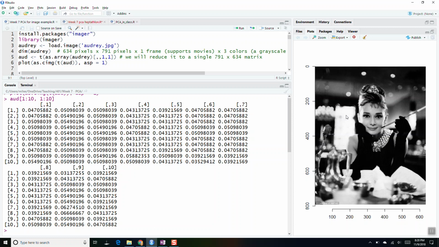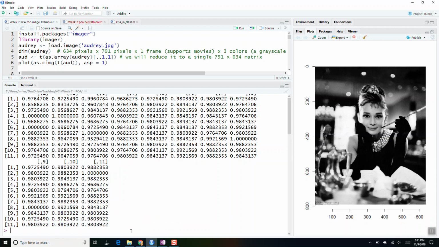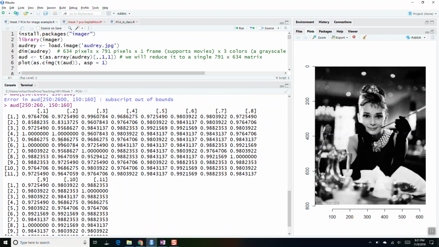And then if I go to, I guess, right around here, which would be maybe the 250th row and the 150th column, let's see if I go to 250 to 260 and 150 to 160. So I think that's going to be somewhere around here. I think we should have values that are close to 1, okay?